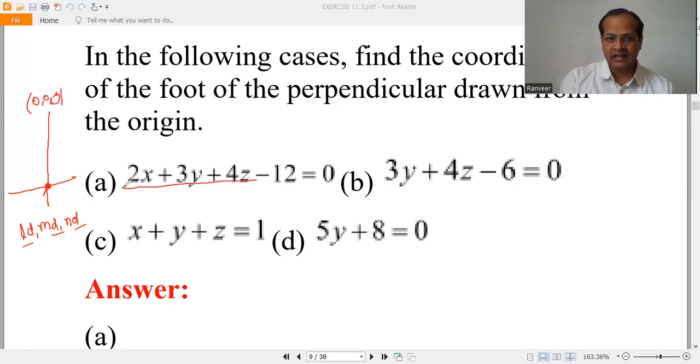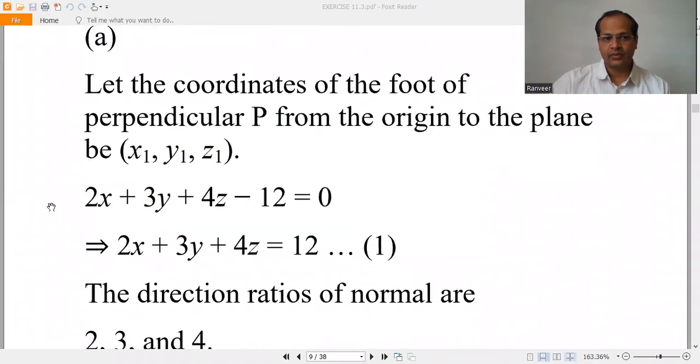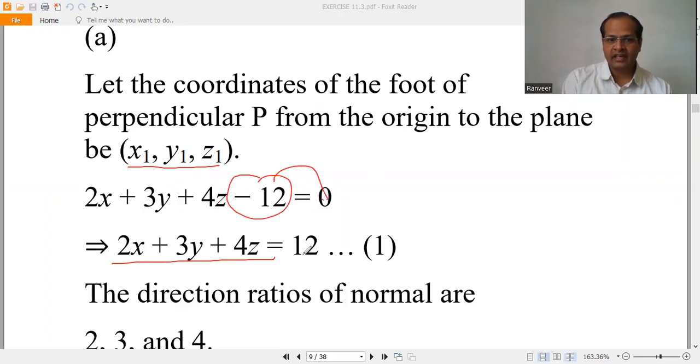So this is the given plane. First of all, we have to find the direction ratios. Let the foot of perpendicular from the origin be (x1, y1, z1). This is the equation of the plane, and the constant we have to take to the right side.